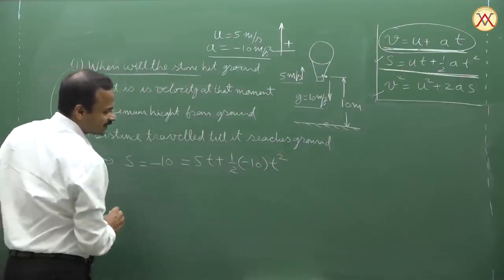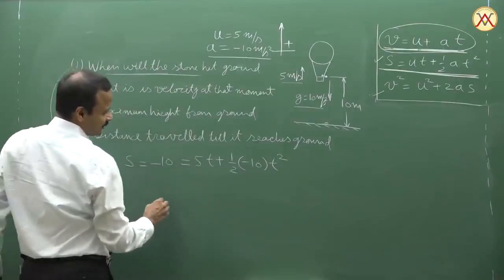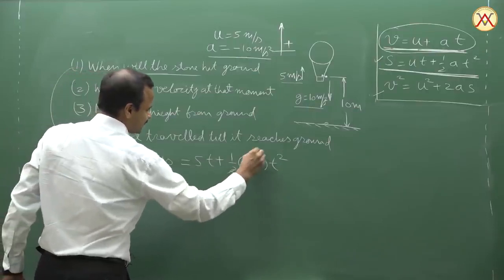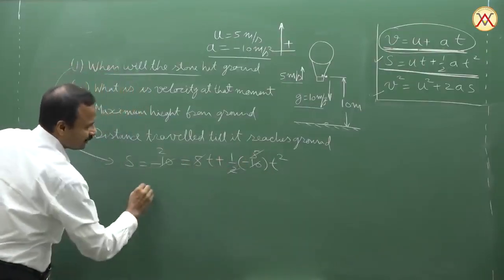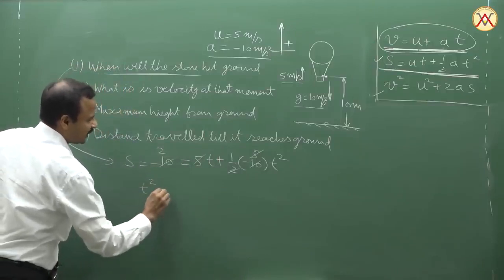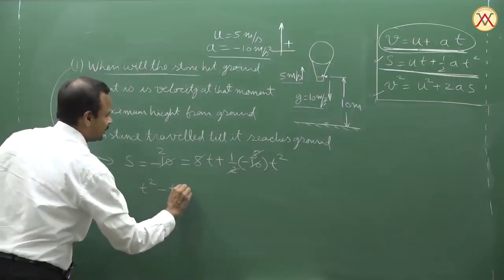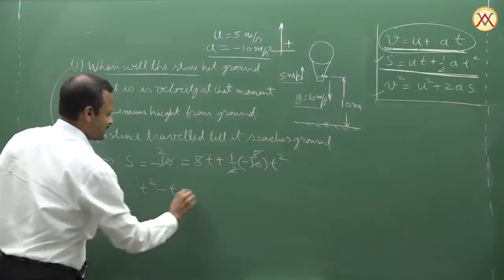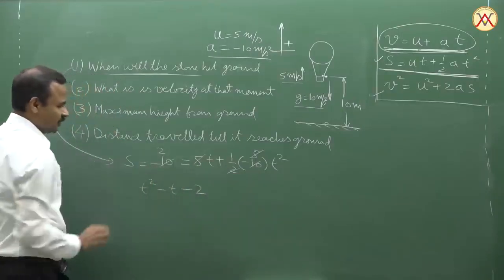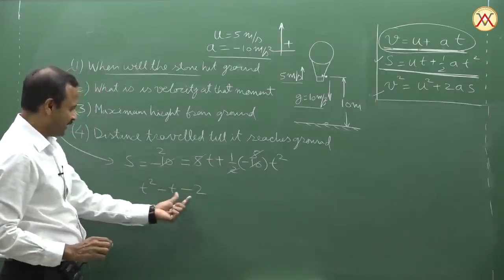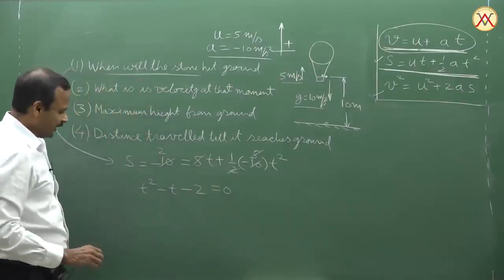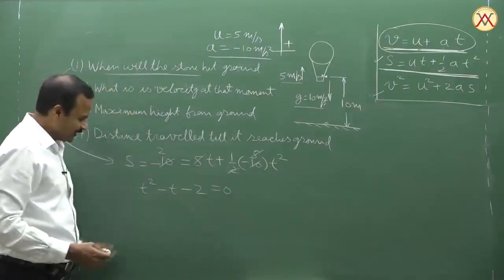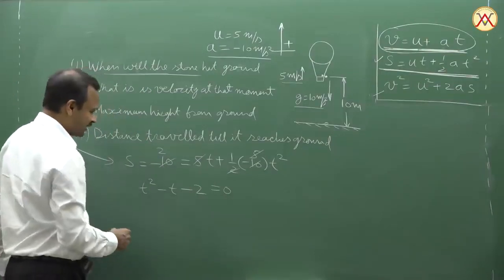Now you can simplify this. In fact, 5 gets cancelled throughout. So it becomes t squared minus t minus 2, taking the terms to this side: t squared minus t minus 2 equal to 0. And then you can easily find the roots of this equation.